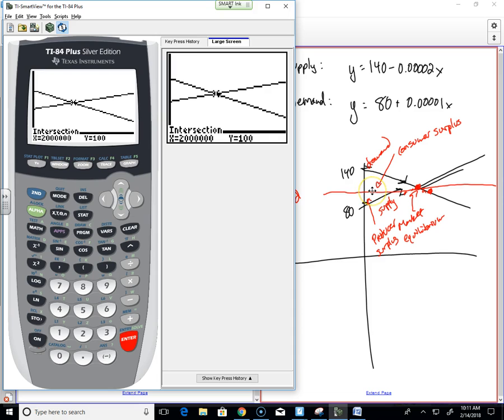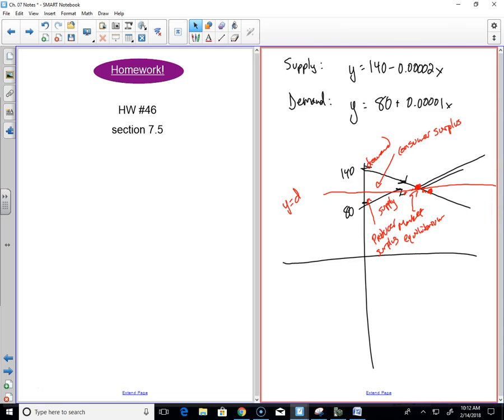And so any area above 100 and below the demand curve is going to be the consumer surplus, and any area above the supply and below y equals 100 will be the producer surplus. Does that kind of work, Patricia? Mm-hmm. Okay. All right, cool kids.